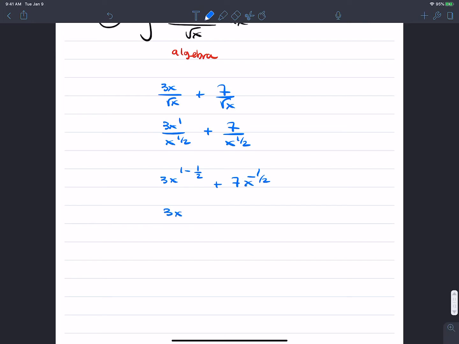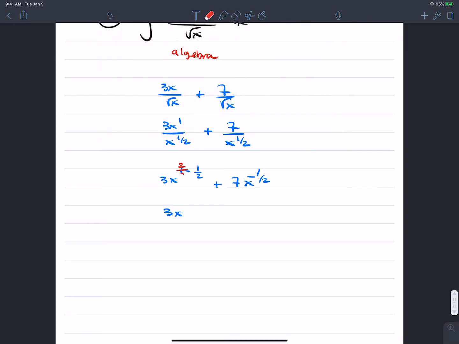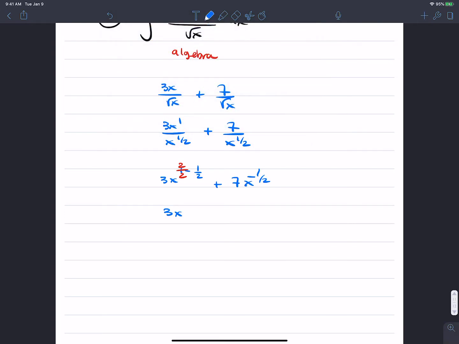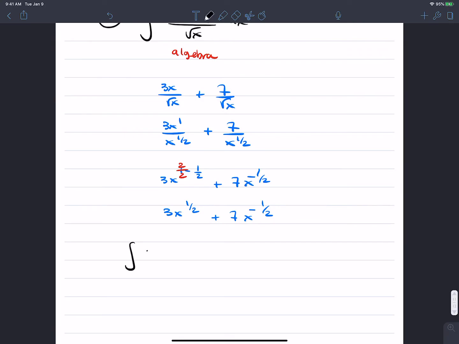Don't forget how to subtract fractions. So this will be 2 minus 1 over 2, which is 1/2. So this gives us 3x to the 1/2 plus 7x to the minus 1/2. Now this is what we're going to integrate: 3x to the 1/2 plus 7x to the minus 1/2 dx.